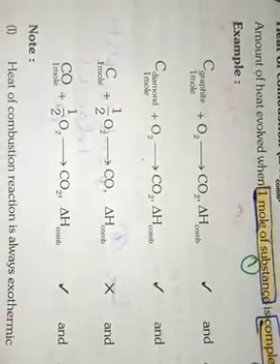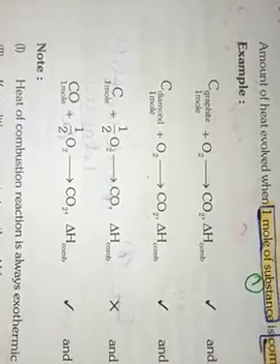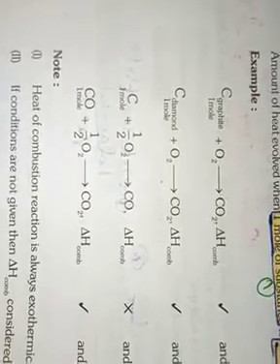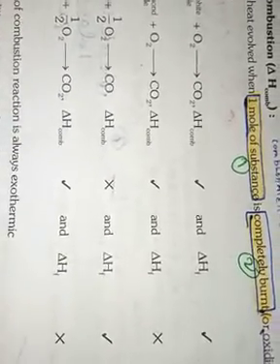Here 1 CO2 is forming from its constituents. Yes, it is from its constituents, but it must be from stable constituents. Here in the first example it is graphite, and graphite is the most abundant, so it is correct for heat of formation.